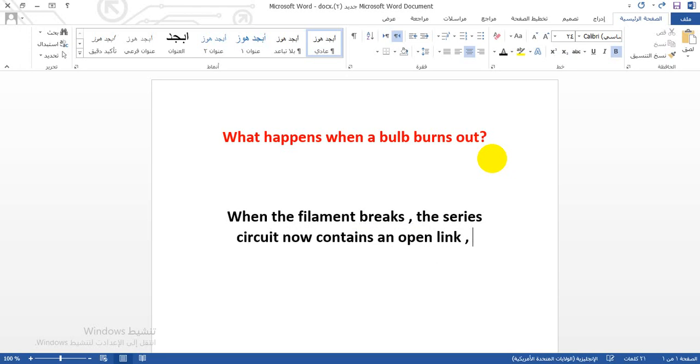And then this open link does two things. It causes the current to stop flowing, and the remaining lights go out, and it causes the full charge to appear across the broken filament. So it causes two things.